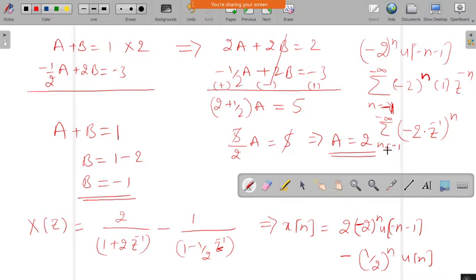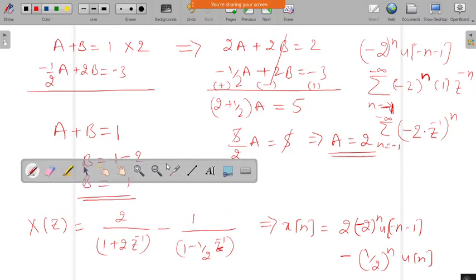Now if I change the variable, n equal to minus k, then k will be equal to 1 to infinity, and wherever n is, it is minus k. So minus 2 z inverse, the power value is minus k. Now if I take the inverse of this, we are going to get half into z whole power plus k.